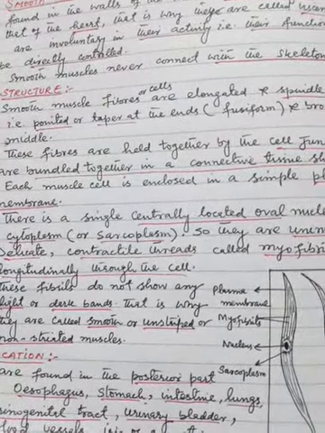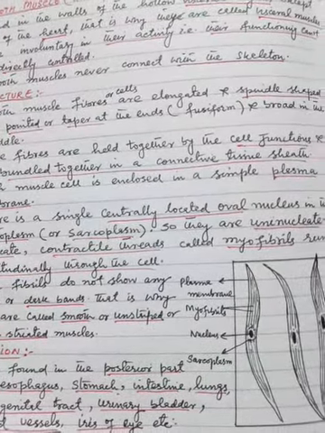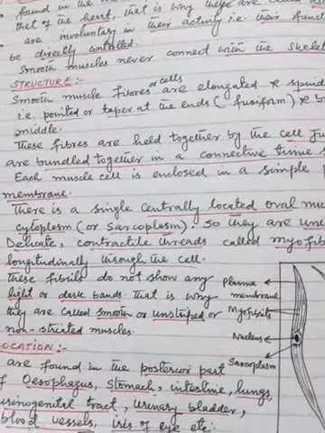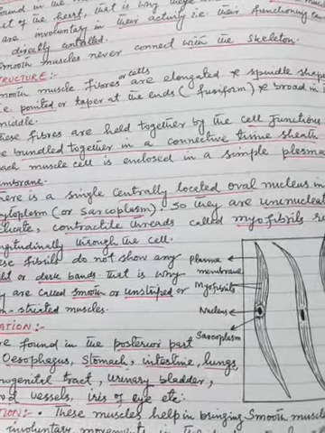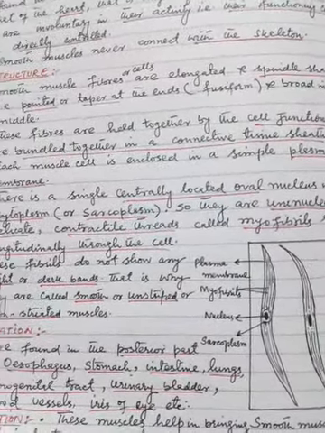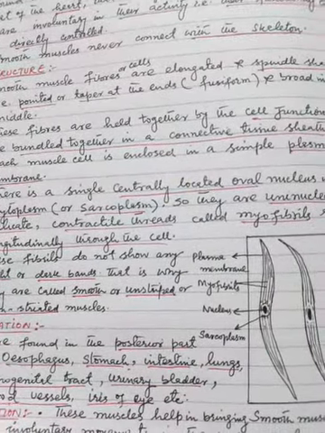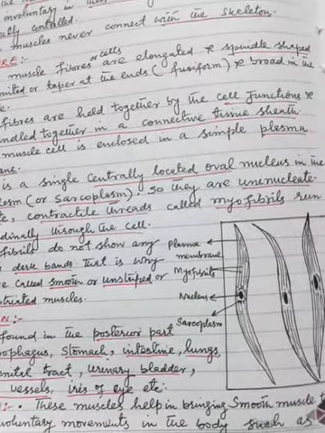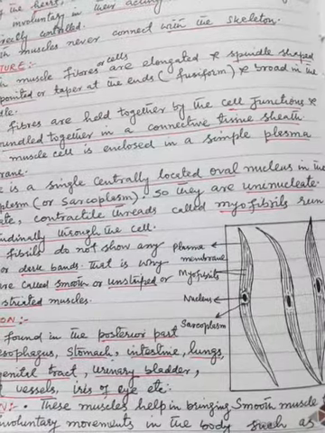Each muscle cell is enclosed in a simple plasma membrane. There is a single centrally located oval nucleus in the cytoplasm or sarcoplasm, so they are uninucleate.